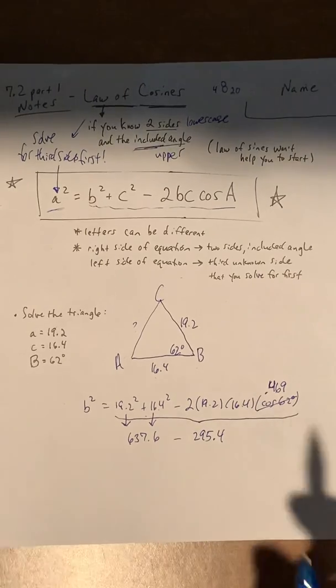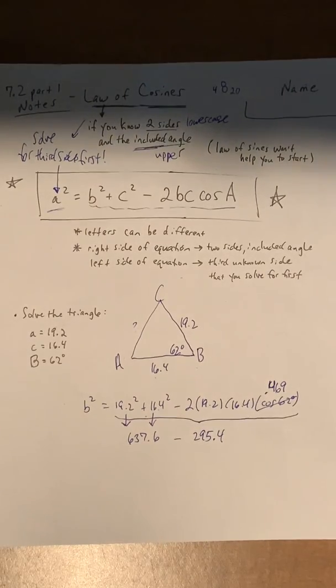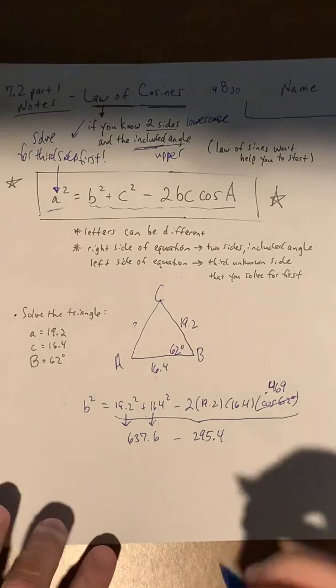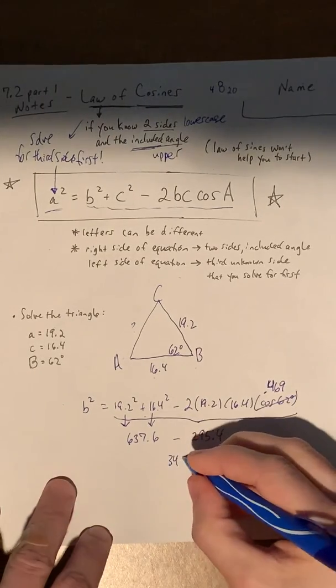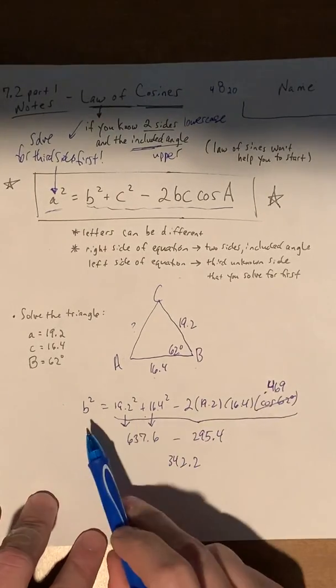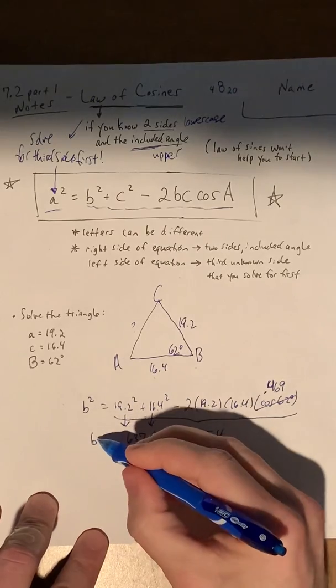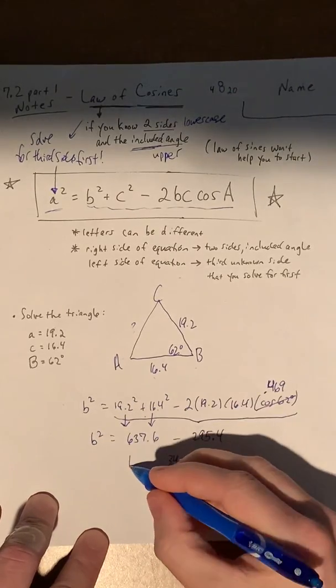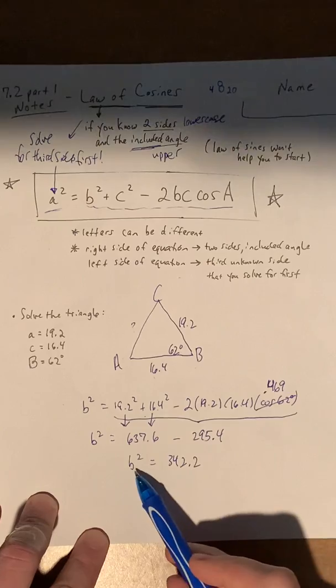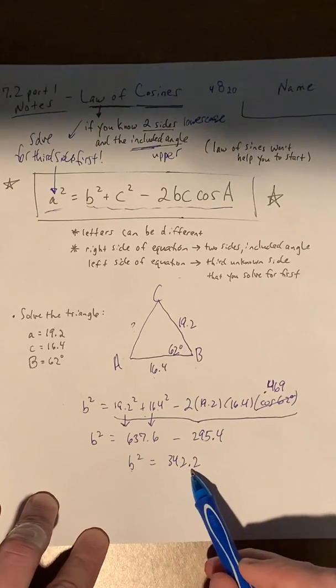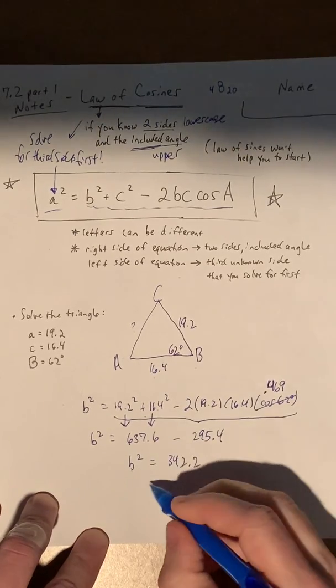Next, we subtract. You get 342.2. Now, we haven't touched this b squared side the whole way through, so we still have b squared on the left equals 342.2, and the last step is to take the square root.